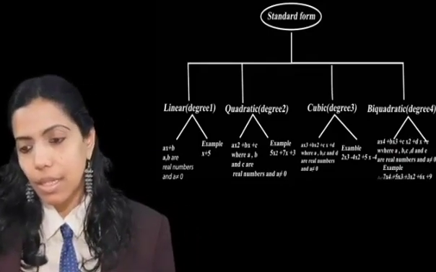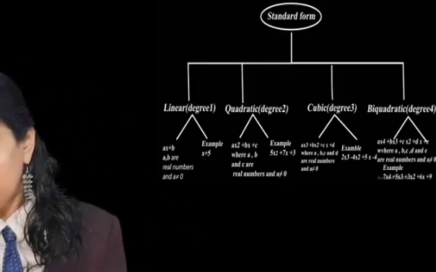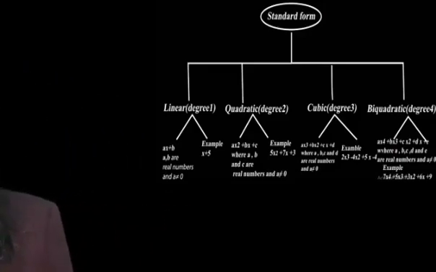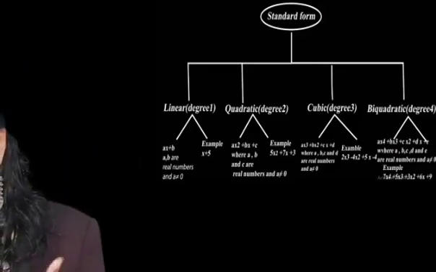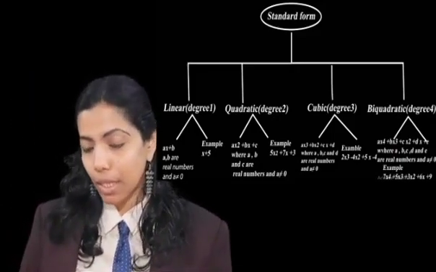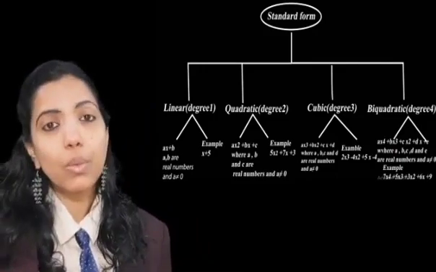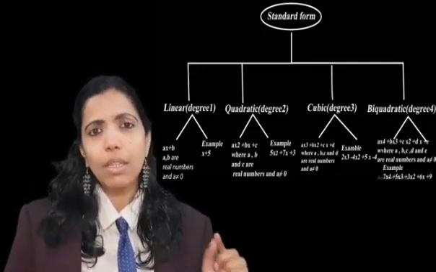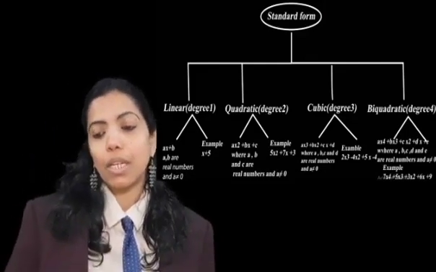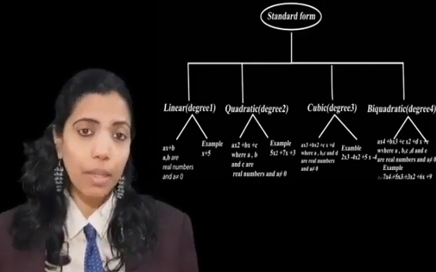We can have an example: 2x to the power 3 minus 4x square plus 5x minus 4. Here, the leading term is 2x to the power 3, and the coefficient is a non-zero number, 2. We can check that all 4 terms are there in the cubic.